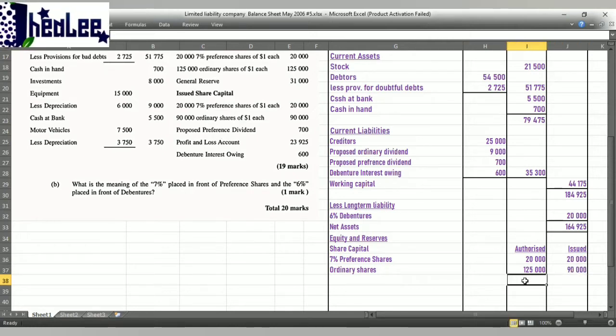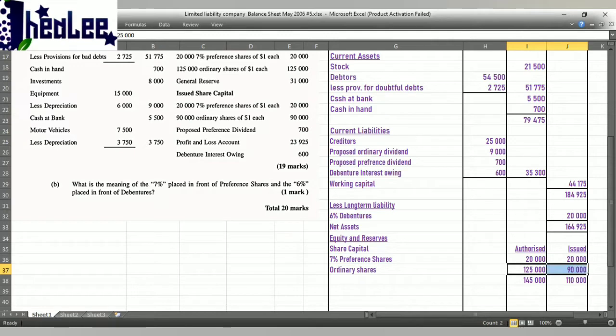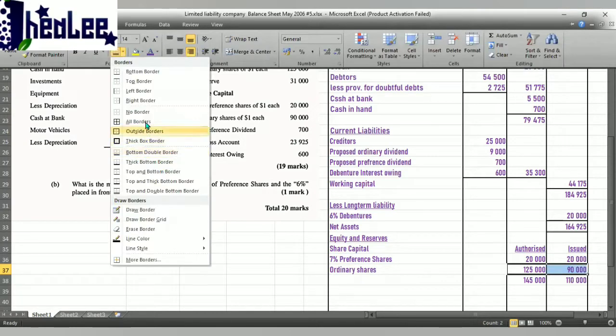So we're now going to enter the total. Our total authorized is 145,000, and our total issued is $110,000. And we are finished with the listing of what is authorized and what is issued.